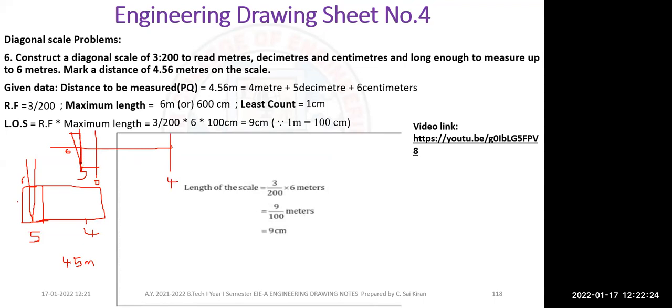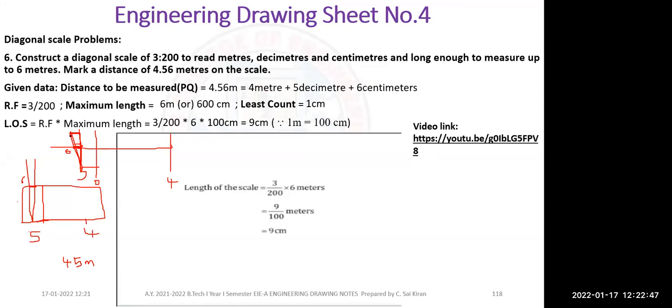But this smaller distance is 0.006 meters. This is the value. So this small distance is making the change. This is completely 4.6.